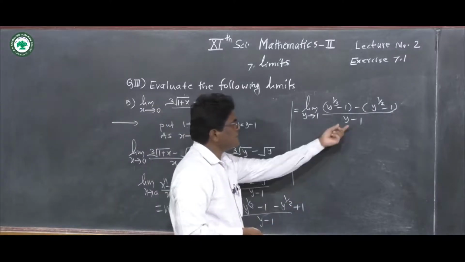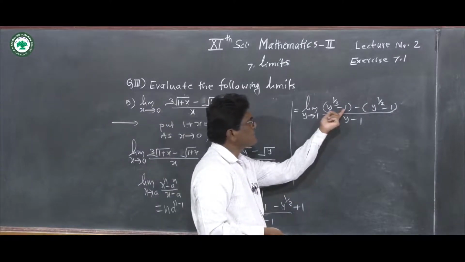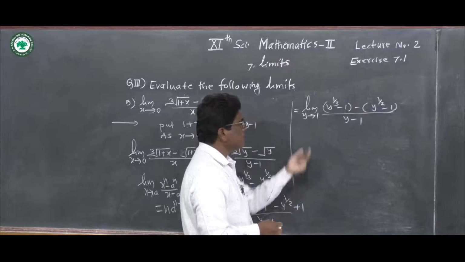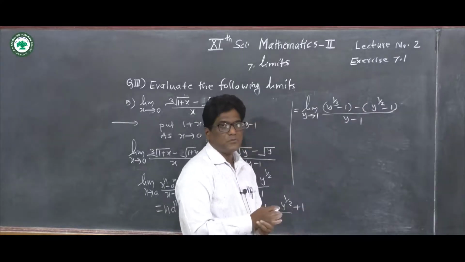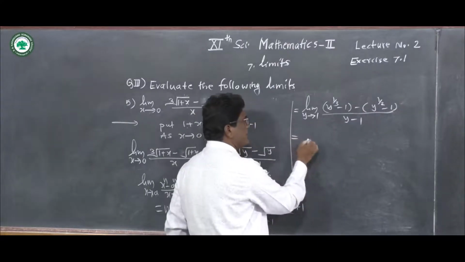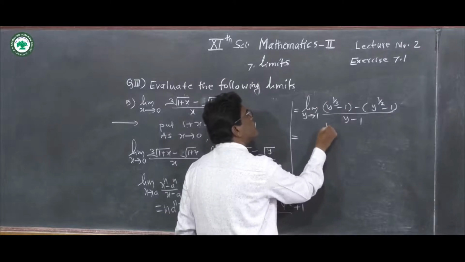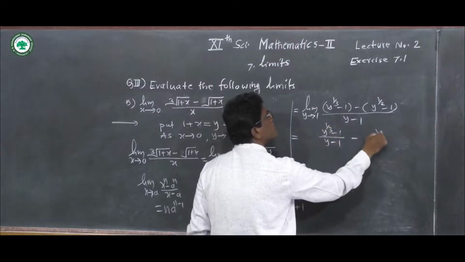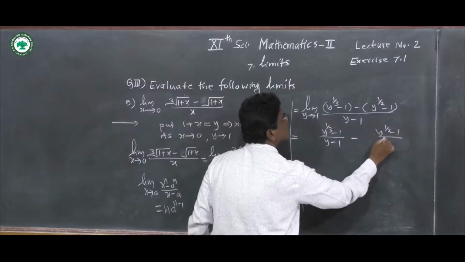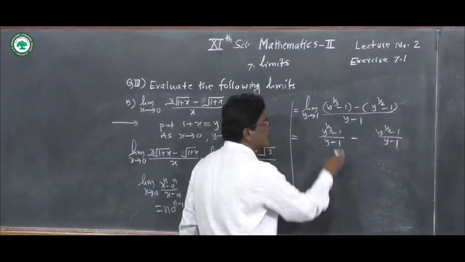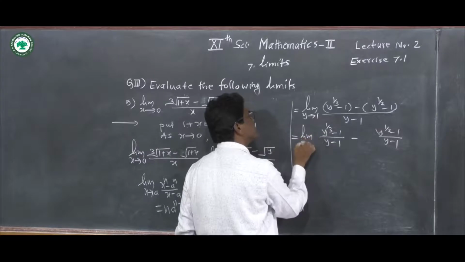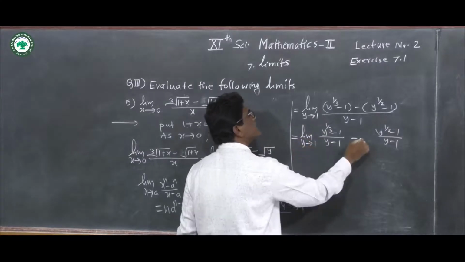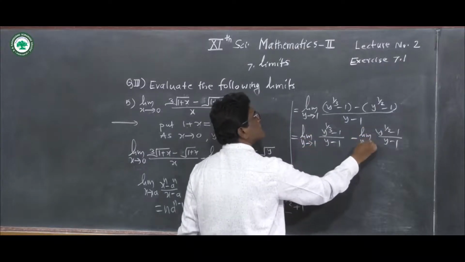Now we divide by this y minus 1 separately for this term and this term, and also take the limit y tends to 1 for both terms. So we get the limit of y to the power 1 by 3 minus 1 divided by y minus 1, minus y to the power 1 half minus 1 divided by y minus 1, with the limit as y tends to 1 for each.